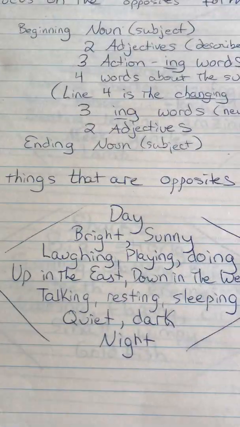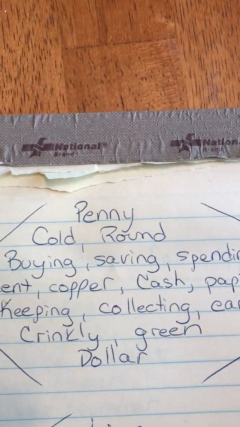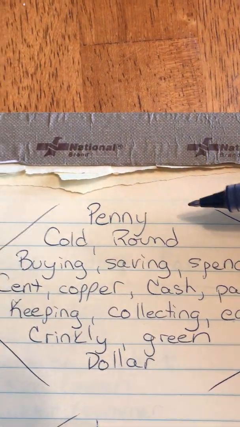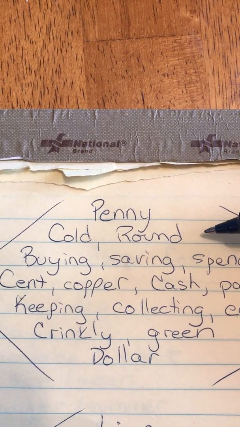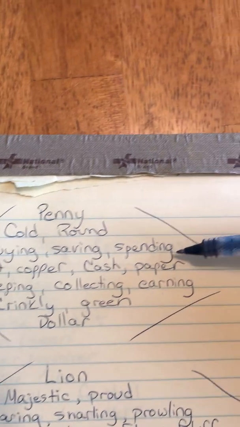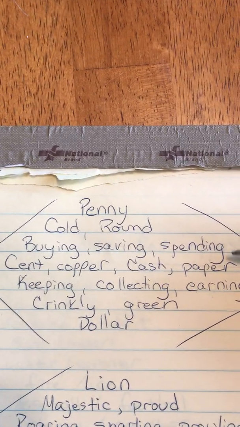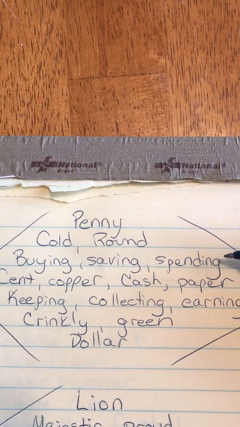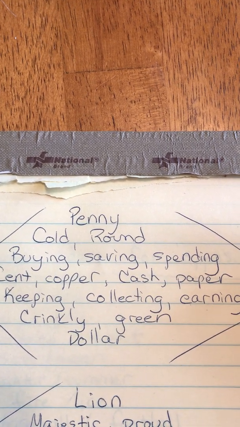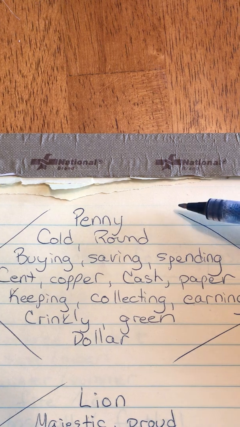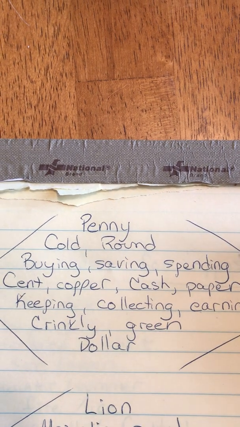Let's look at some other examples. Penny. 2 adjectives, cold, round. 3 action words, buying, saving, spending. Okay, now remember, line 4, we're changing from the top to the bottom subject.